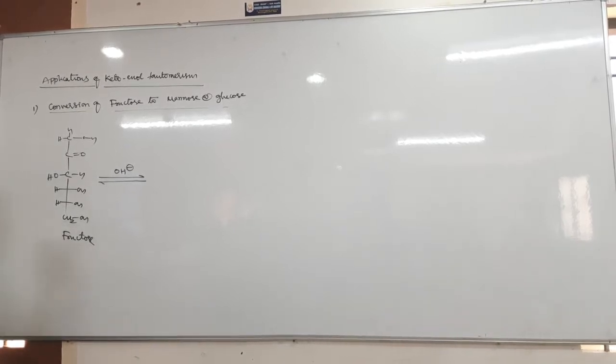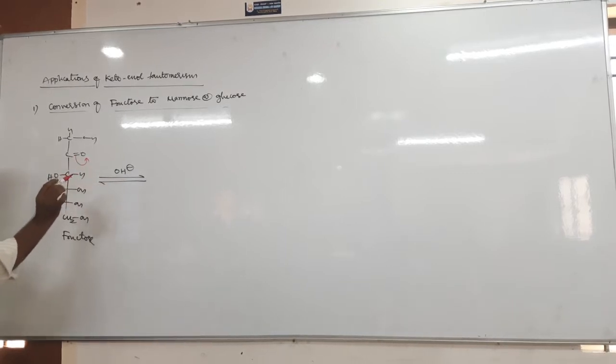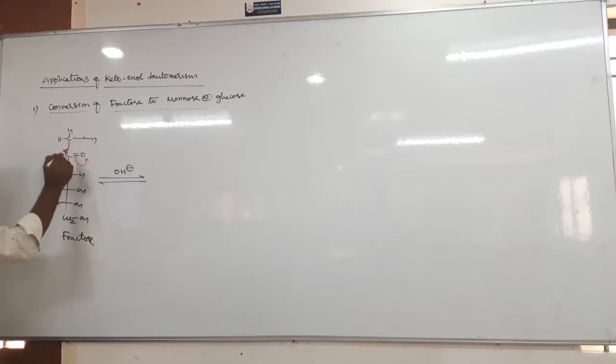Tell me, in basic medium what happens? Can you tell me? The pi bond shifts onto oxygen. Then what happened? So this is an enol form. This hydrogen shifted here. Then what do you get?